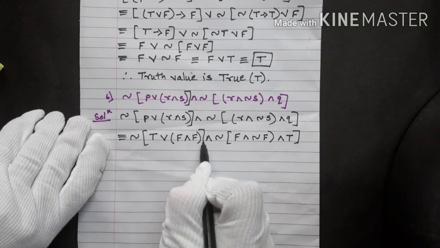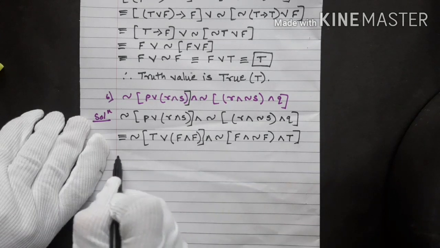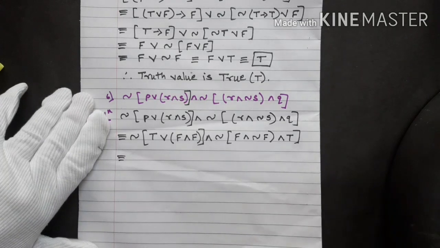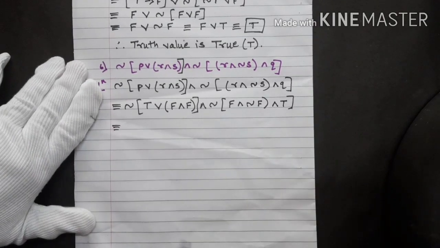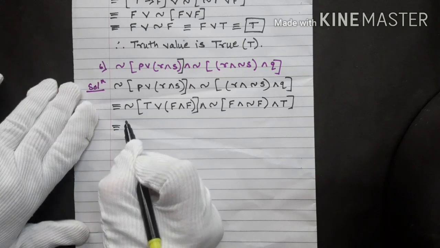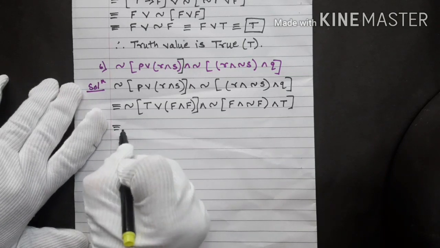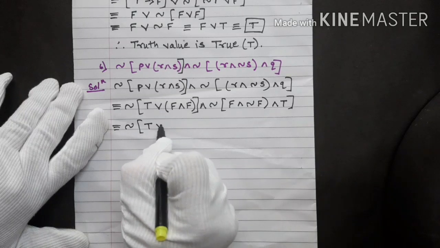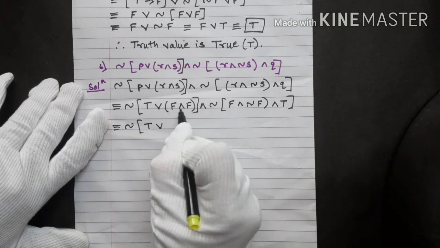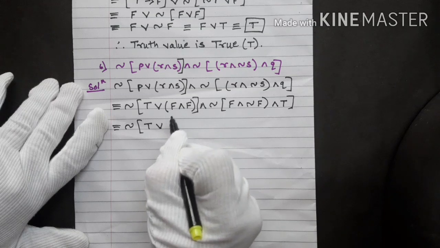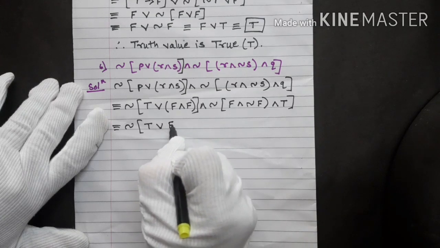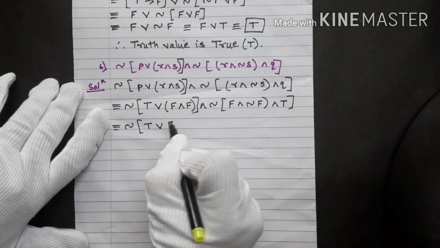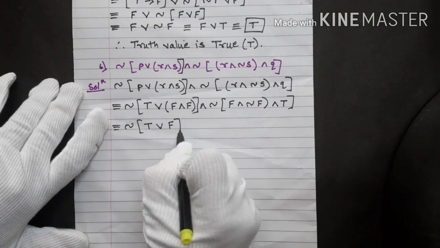This is completed over here. So here now negation T or now F and F is F, correct? In AND function only both values are true, then it is true, otherwise it is false. So this is done.